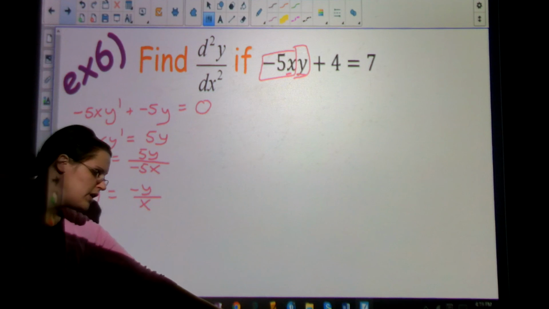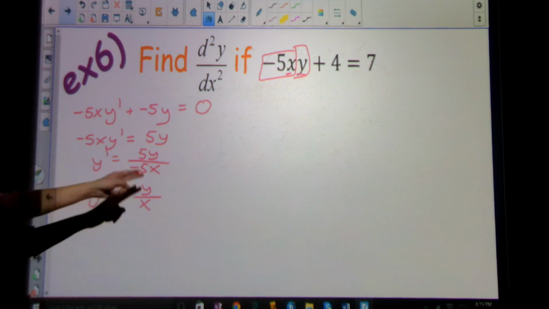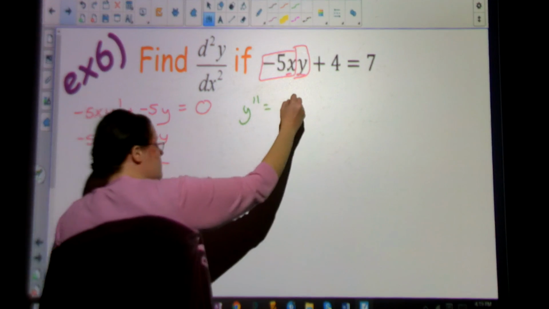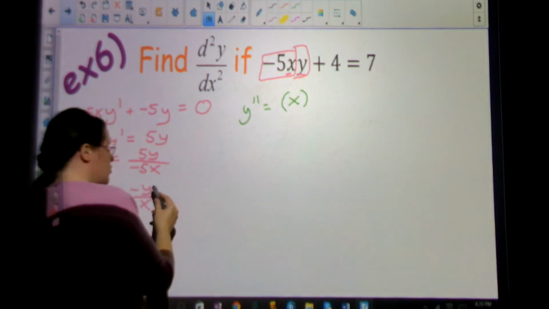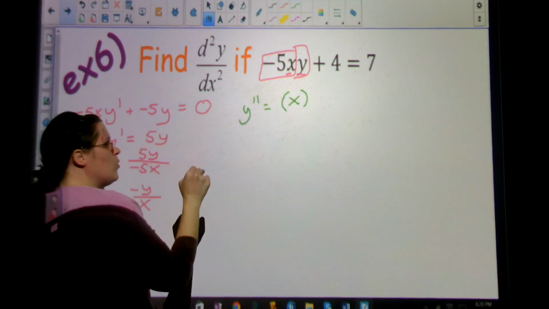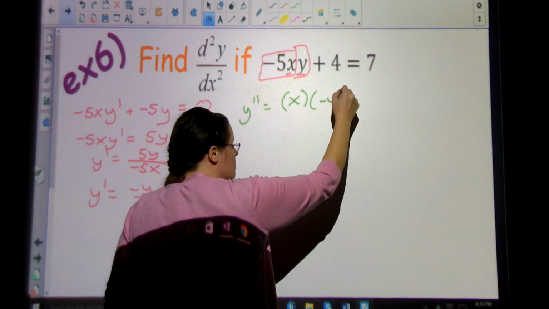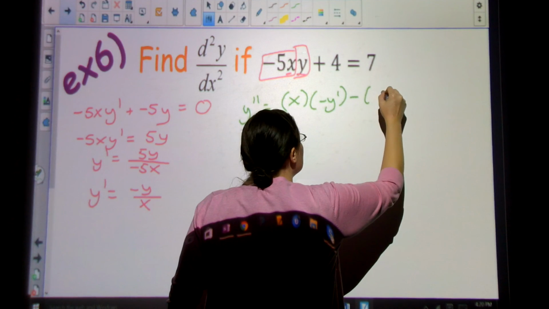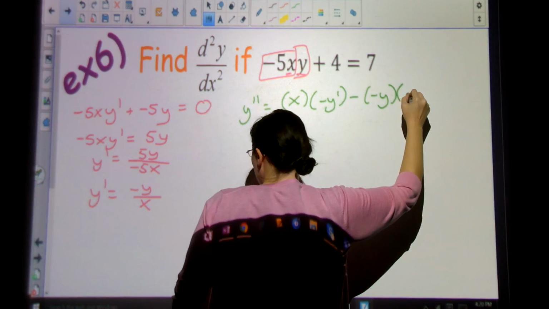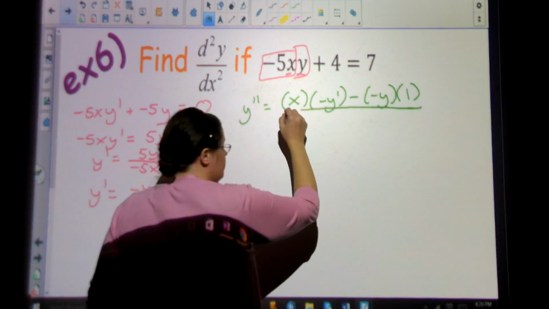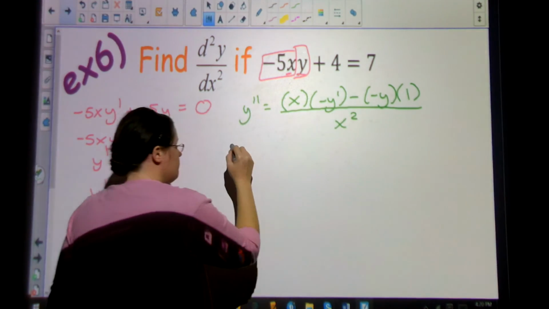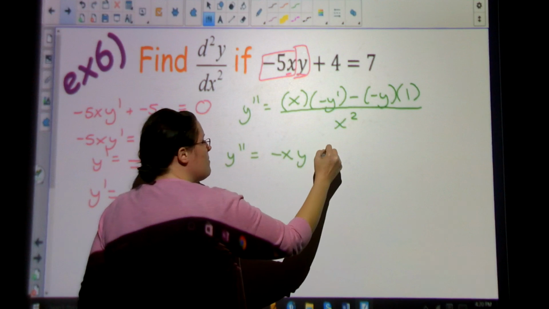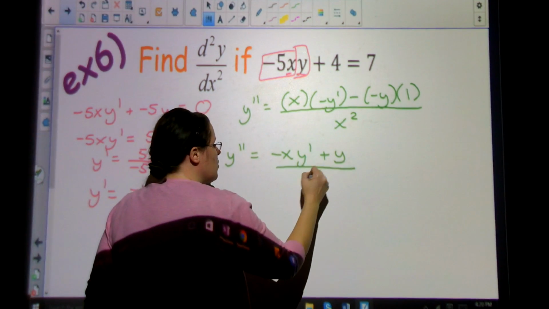Okay, so I have my first derivative. Let's do my second by doing the quotient rule. So I have the bottom times the derivative of the top, which is negative 1 y prime, minus the top times the derivative of the bottom, which is 1, all over the bottom squared. So let's clean this up. I have negative xy prime plus y over x squared.